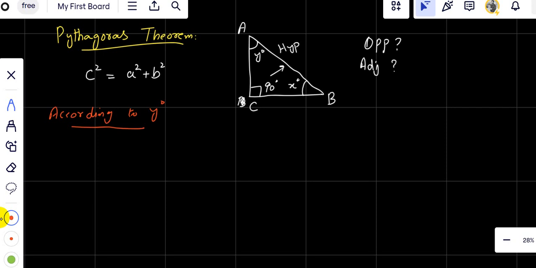Here we are talking about this angle, which I am coloring in red. So now, which side will be the opposite, AC or CB? Perfect. The opposite will be CB, and obviously we are left with only the adjacent, which is AC.